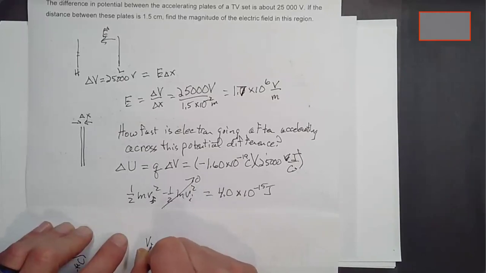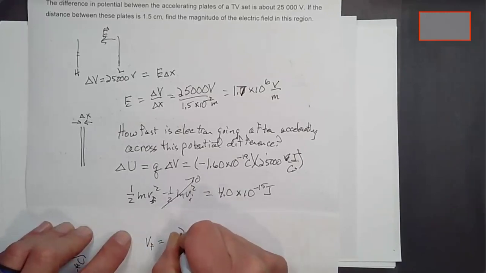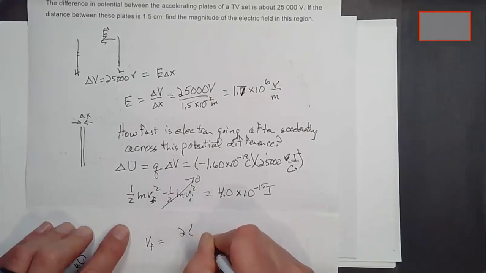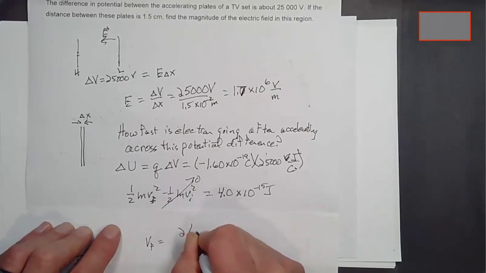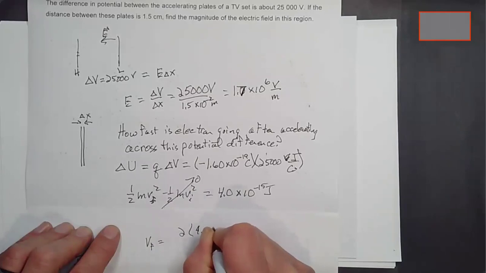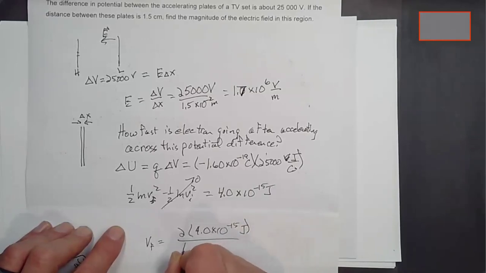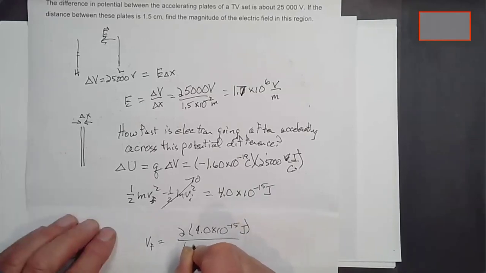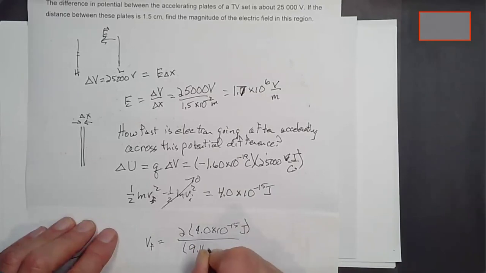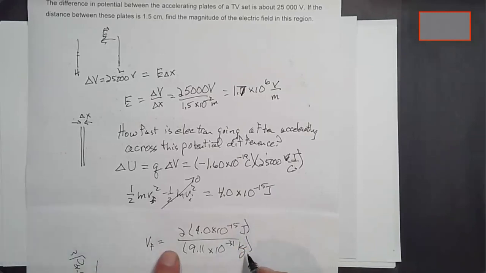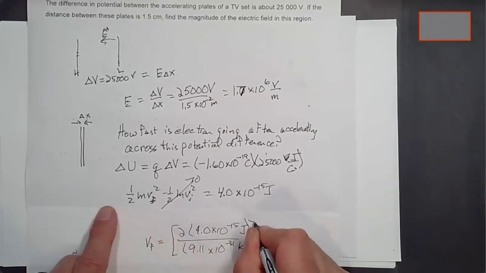Anyway, V final will equal 2 times that thing. So 2 times 4.0 times 10 to the minus 15th joules divided by the mass of the electron. I've got it memorized. You guys would have to look it up probably, but it's 9.11 times 10 to the minus 31 kilograms. This isn't something I've tried to memorize. It's just stuck in my head after doing a zillion problems with it.